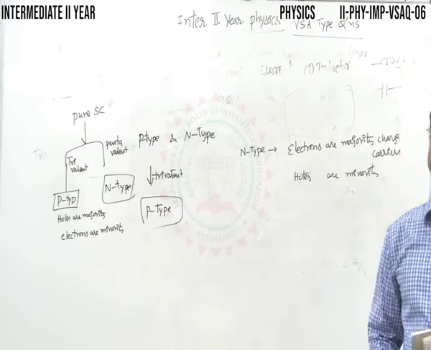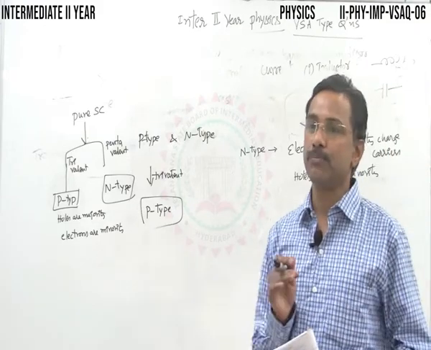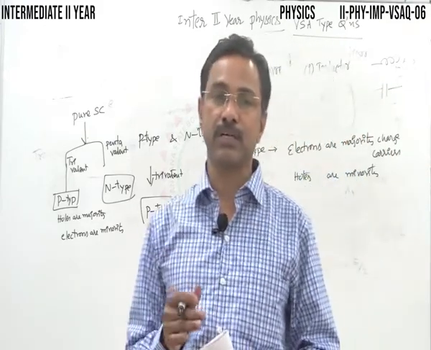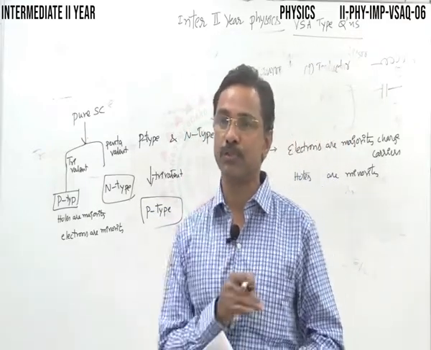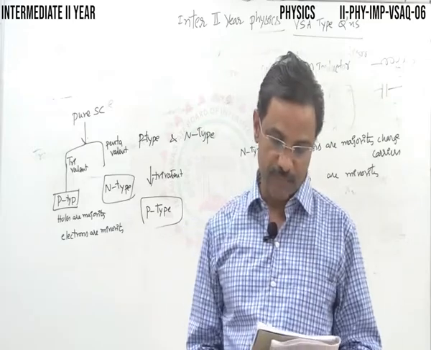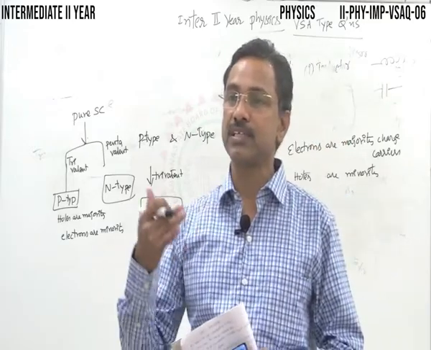What does intrinsic semiconductor mean? A pure semiconductor, either germanium or silicon in its purest possible form, is called an intrinsic semiconductor. Then what is an extrinsic semiconductor?